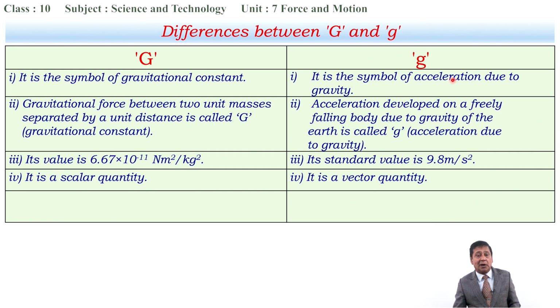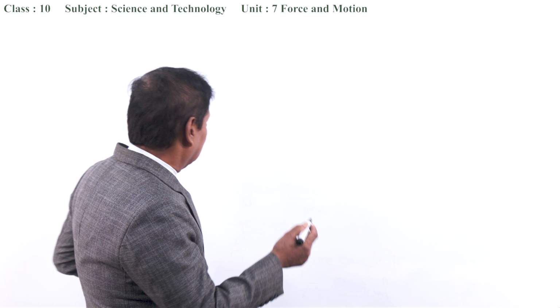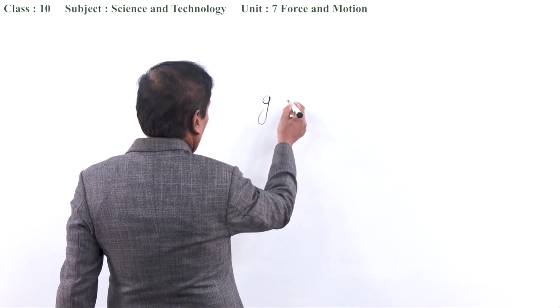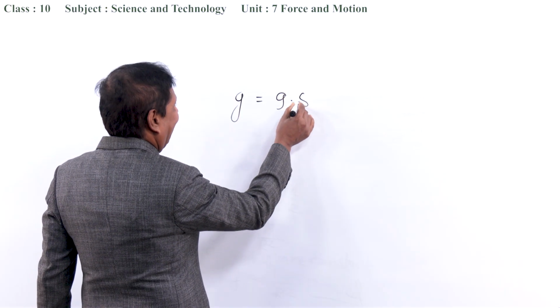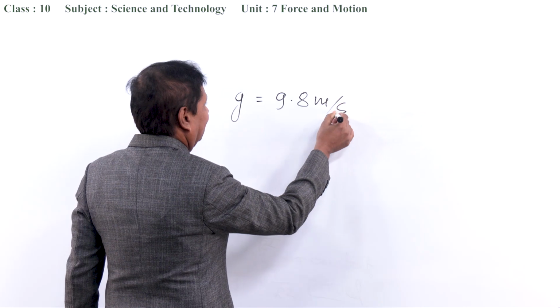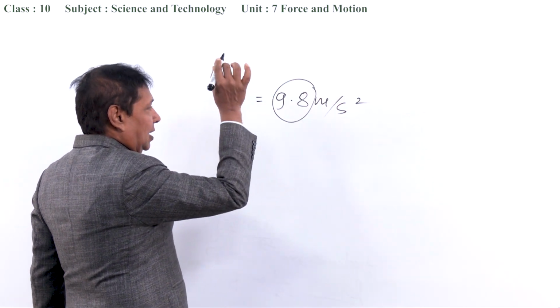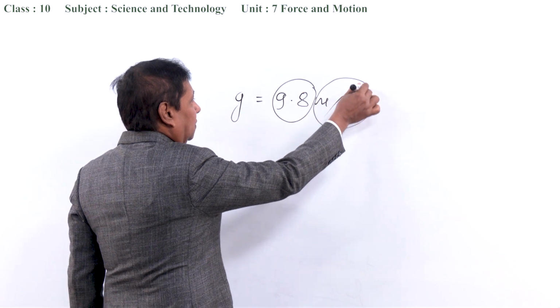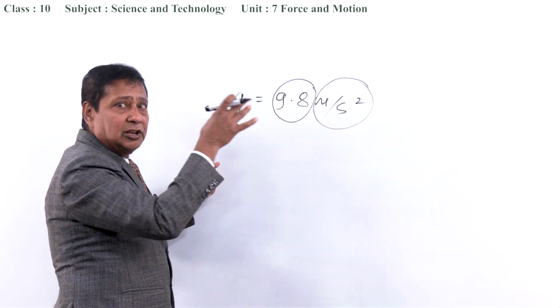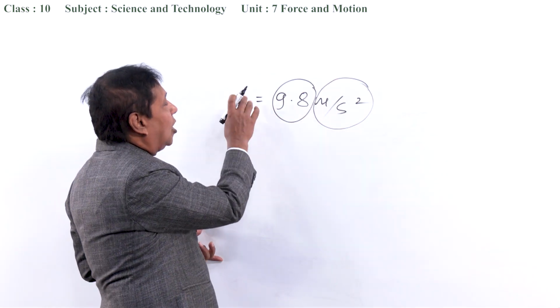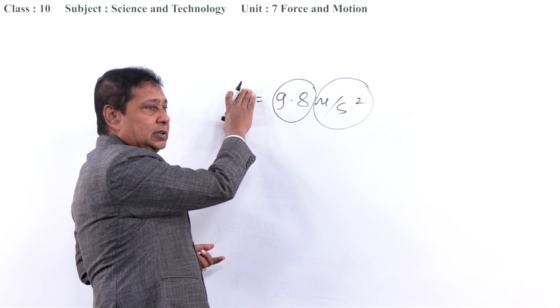Now small g is a vector quantity because, if you remember the value of g, I told you 9.8 meter per second square. Here, this number and this unit, both of them represent the magnitude of acceleration due to gravity.